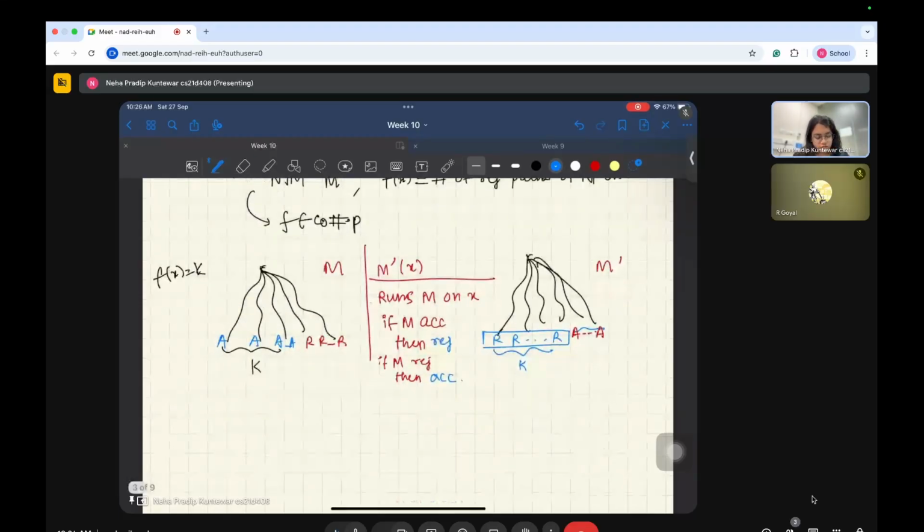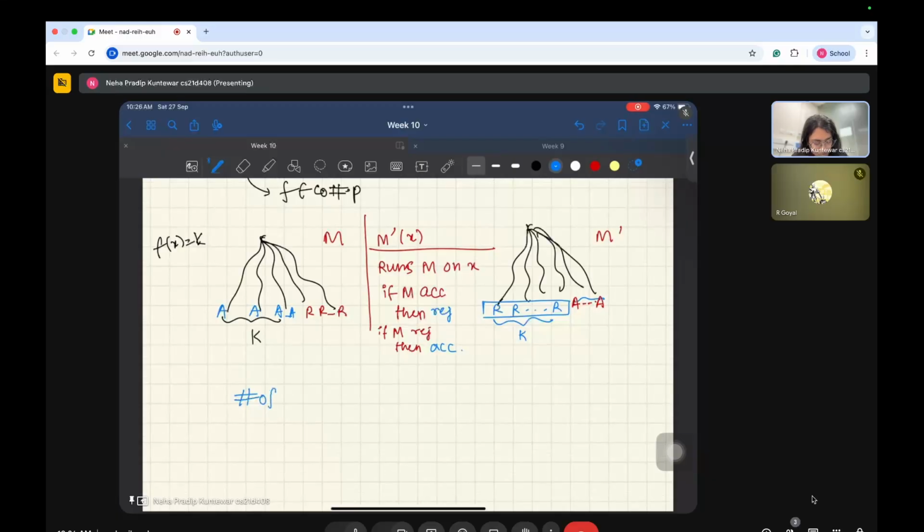Therefore the number of accepting paths of M on x is equal to the number of rejecting paths of M prime on x, and this is nothing but f of x.